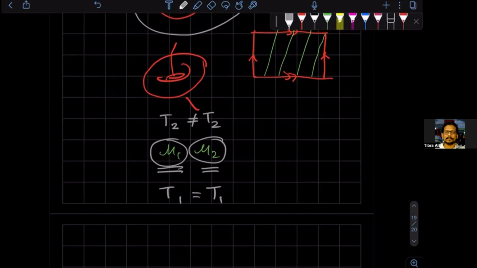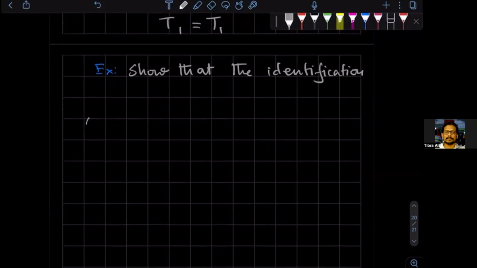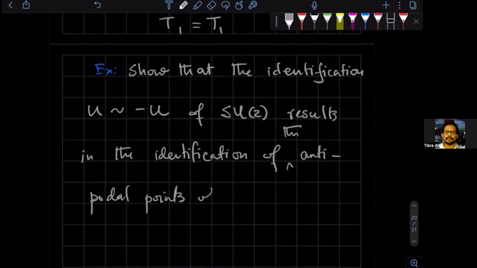Okay, so let's carry on. The thing that I want you to do as an exercise is the following: to show that the identification of U with minus U of SU2 results in the identification of the antipodal points of S3.